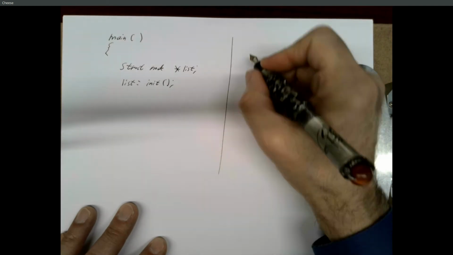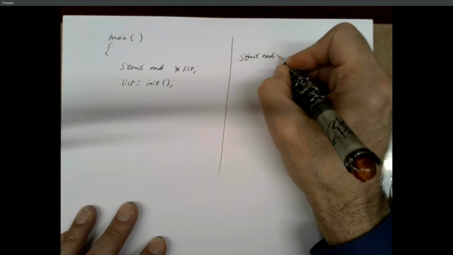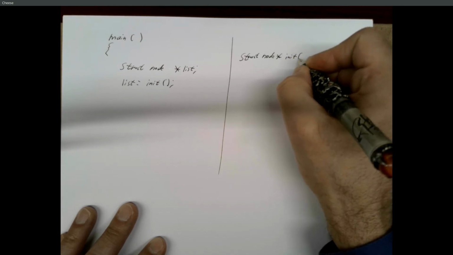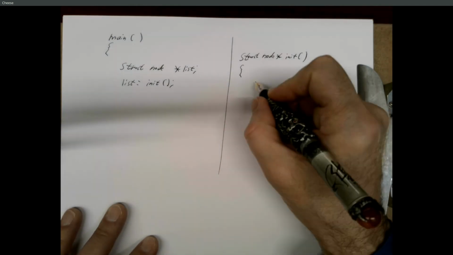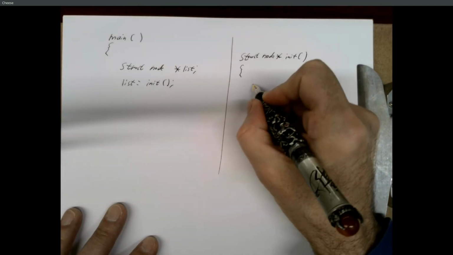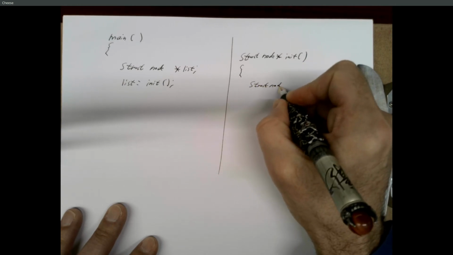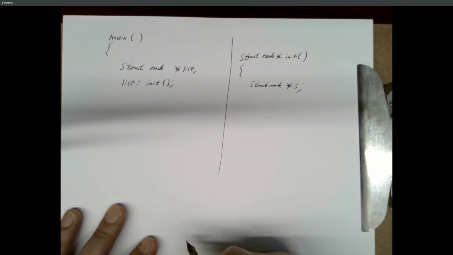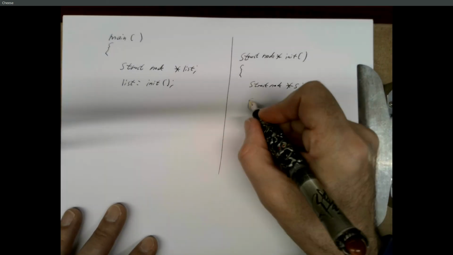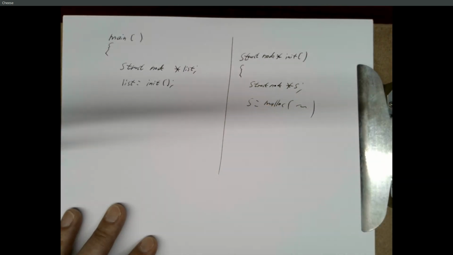So what is init? It doesn't take any arguments, it returns a struct node pointer. And it's really just, make yourself a pointer to a struct node, malloc some space for it.